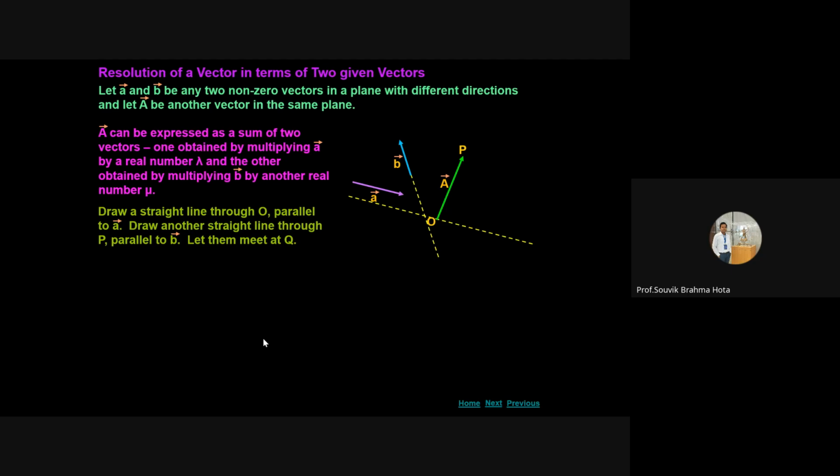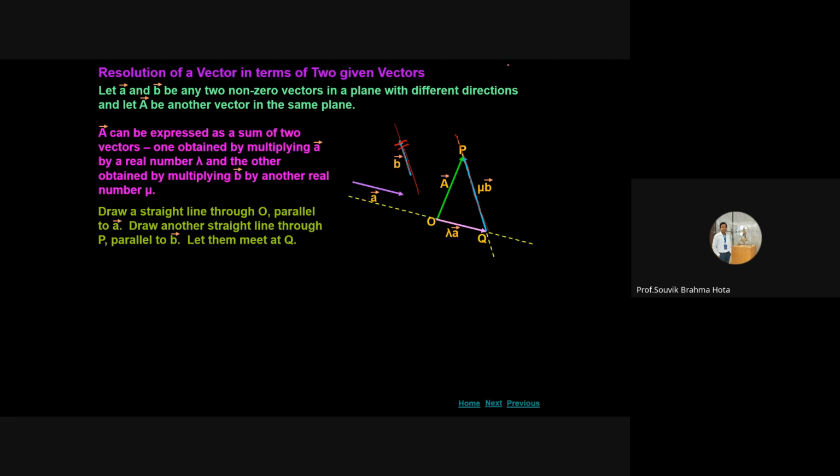You see b is produced, extended a little bit, so that it will cut the line passing through O. Then take the parallel of this b. You can take the help of a meter scale and draw the parallel line like this. So you'll be getting a triangle.